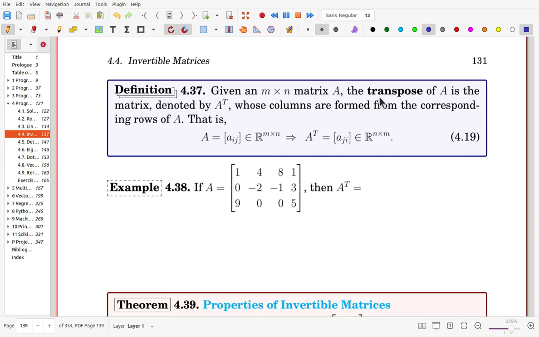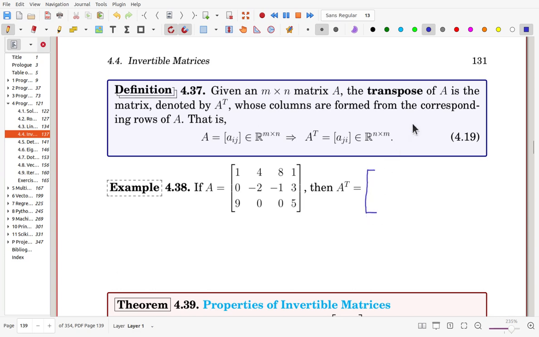The transpose of A is the matrix, using the notation A transpose, whose columns are formed from the corresponding rows of A. That means that here A is Aij in R m by n, then A transpose, rather than ij, we are putting ji, and that must be in R n by m. For example, here A is given in this way, then A transpose.